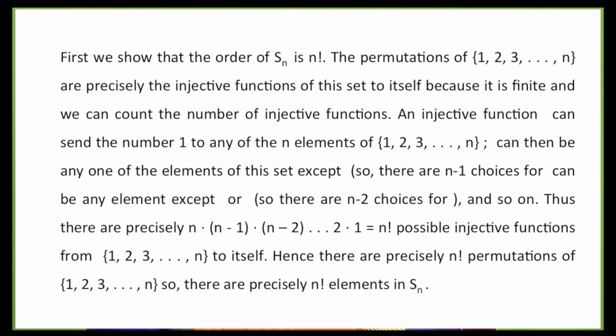Thus, there are precisely n times n minus 1 times n minus 2, down to 2 times 1, which equals n factorial possible injective functions from 1, 2, 3, up to n to itself. Hence, there are precisely n factorial permutations of 1, 2, 3, up to n. So, there are precisely n factorial elements in S_n.